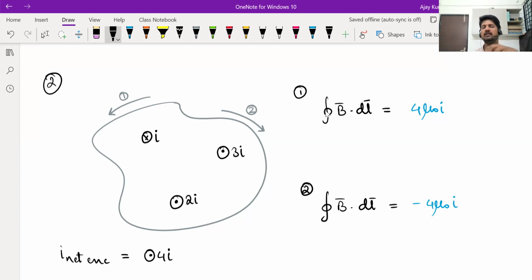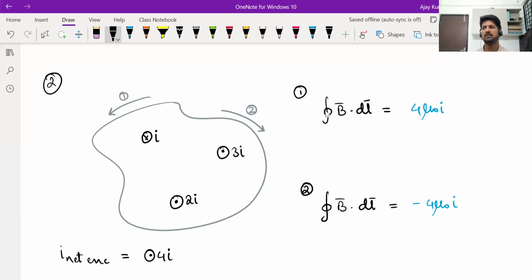Since the net current is outward, I can't use the phrase net magnetic field, but you can say that the anti-clockwise magnetic fields dominate on the whole. I'm not saying at every place the magnetic field is anti-clockwise. If you go very close to the wire carrying current I, its clockwise field will dominate the fields of the other two wires.